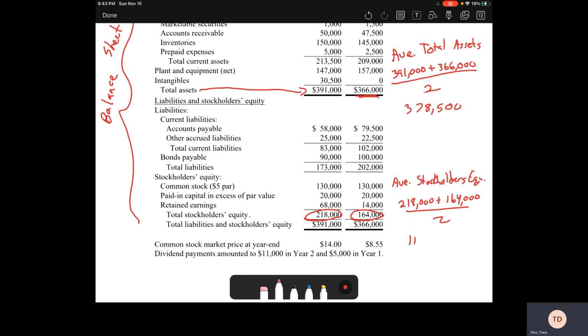When you do that, you should get 191,000. Remember that the year 1 average is just going to be what our year 1 number was because we have nothing to average it against.